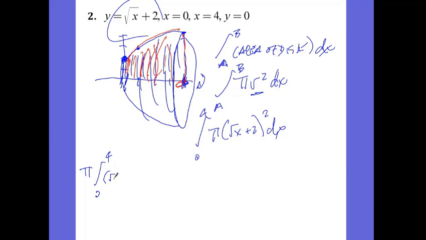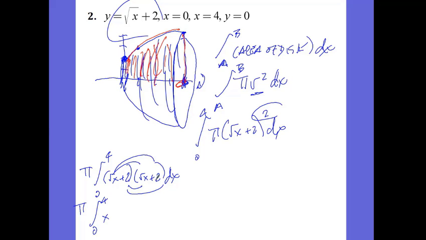Now what I have here is a binomial, so I can't just square each of the terms. I have to FOIL it. Root x plus 2 times root x plus 2, that's what that squared means. So once I FOIL this out, root x times root x is just simply x.